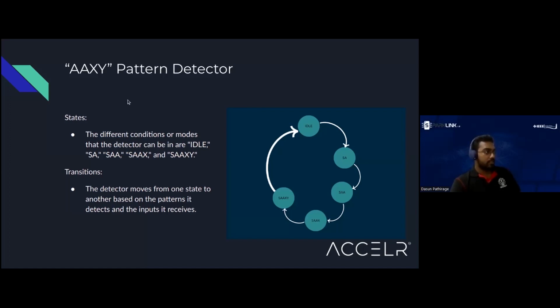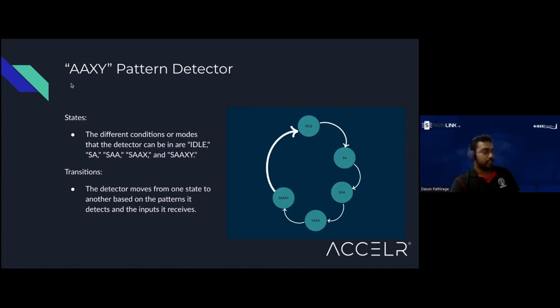Then we have X, Y. So first we have to detect A, and that means state A, then state AA, then state AAX, and state AAXY. So those are the states that we are going to identify for this example. I hope it's clear.